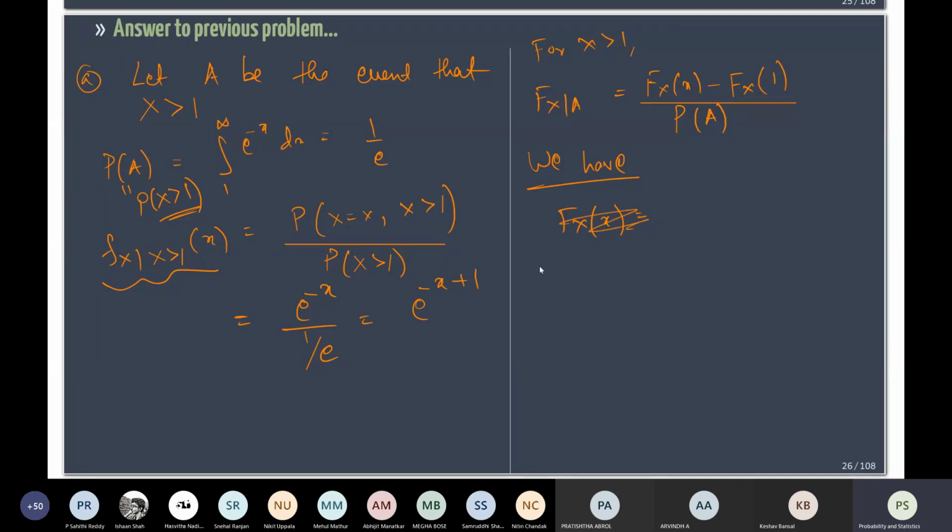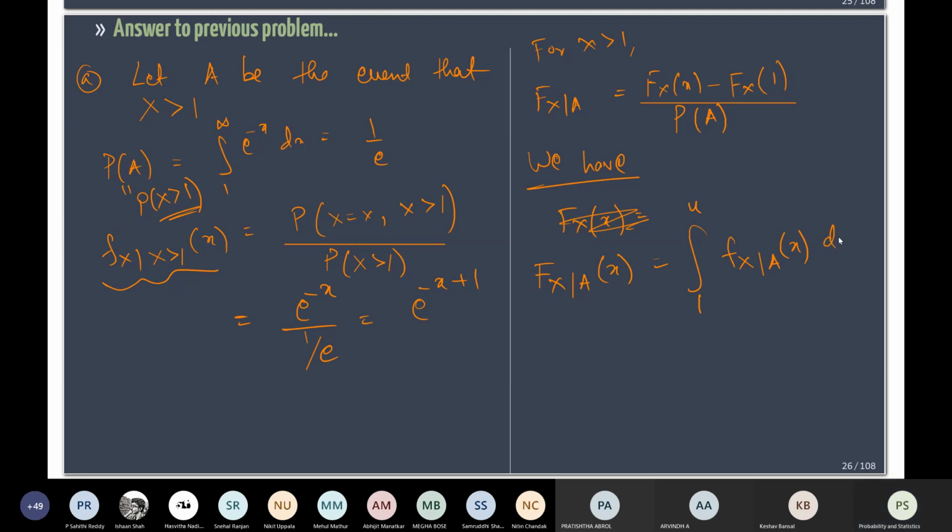So F_X(x) is nothing but the integral of this, over x greater than 1, and the range is from 1 to, because the lower bound is 1 for x, and for the upper bound we take an arbitrary u.